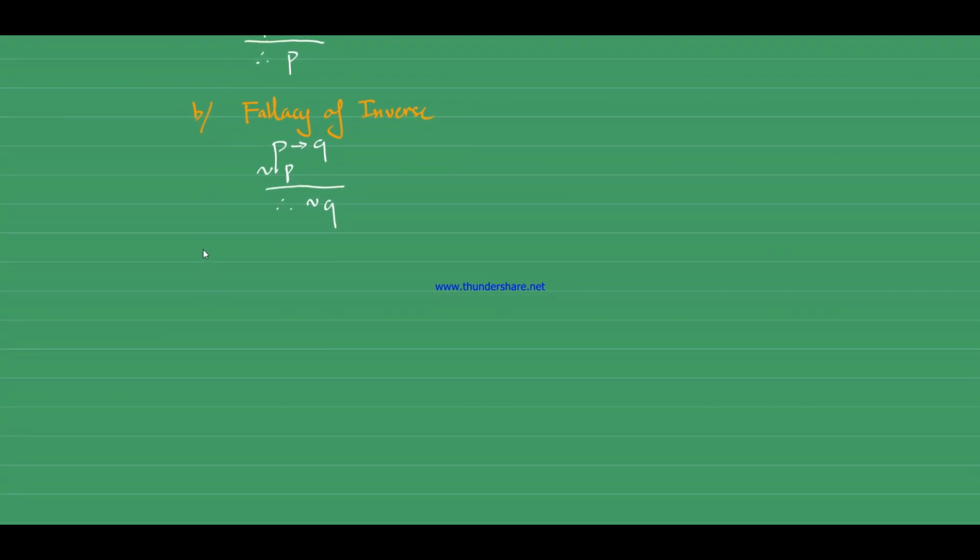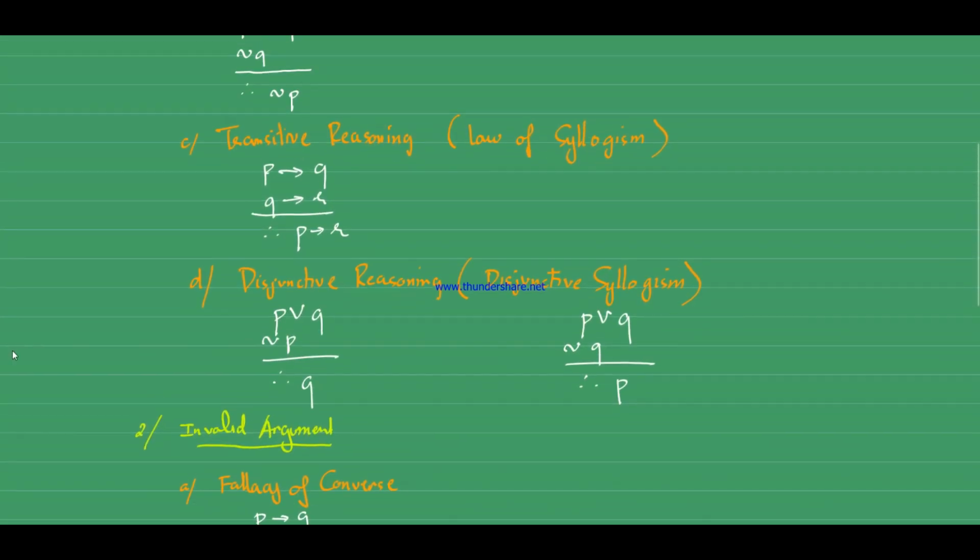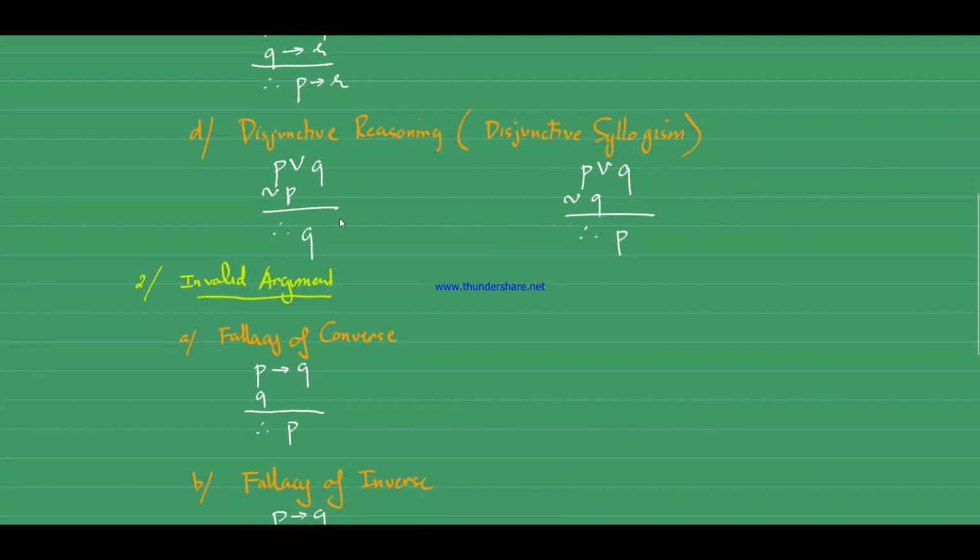Besides, we also have another invalid argument. We call that the fallacy of disjunctive reasoning. Sometimes we call it the misuse of disjunctive reasoning. Remember, last time we had disjunctive reasoning with two forms.